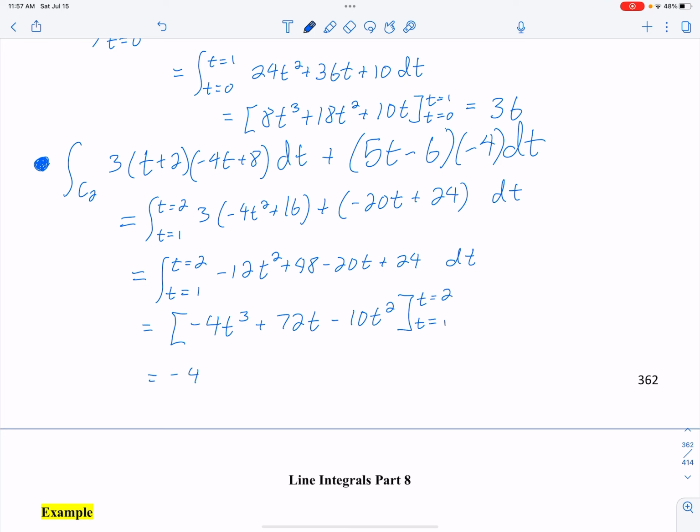So we have negative 4 times 2 to the third plus 72 times 2 minus 10 times 2 squared, minus negative 4 plus 72 minus 10. All right, I'm going to plug this into my calculator. Let me grab that.